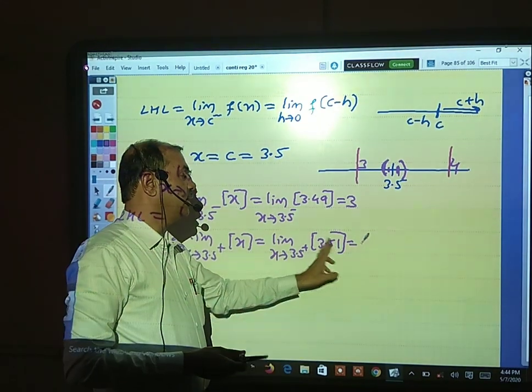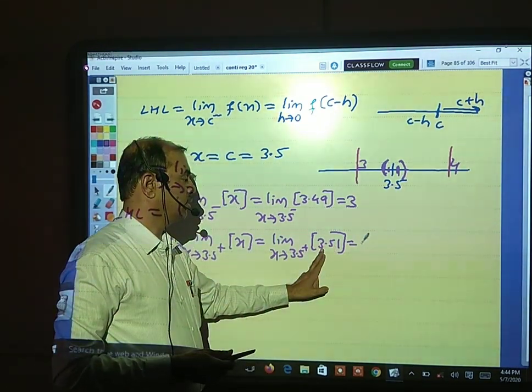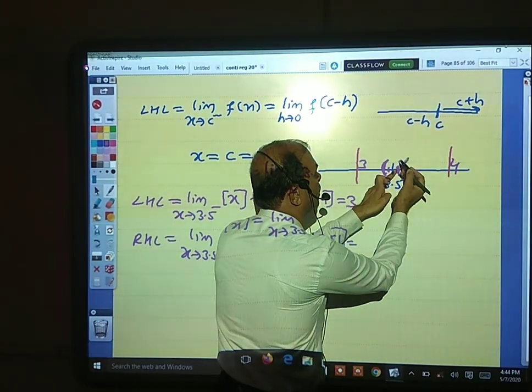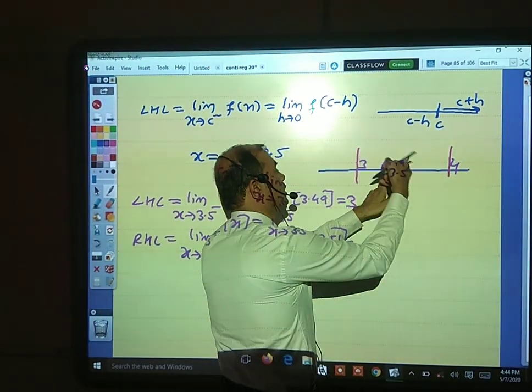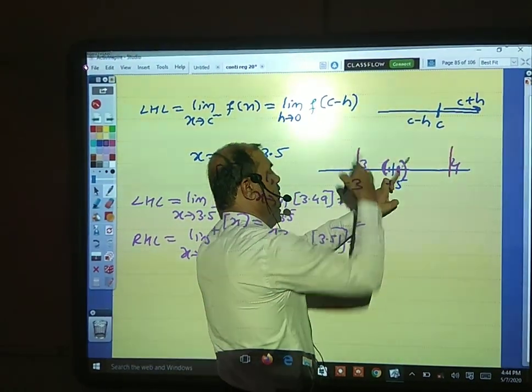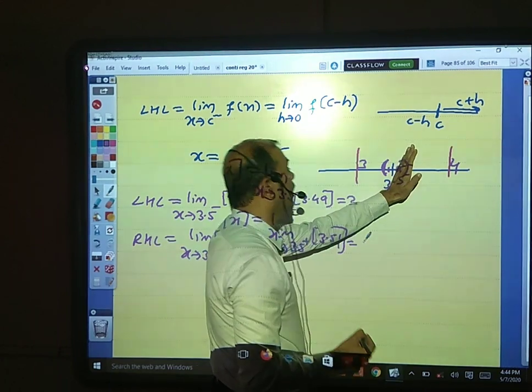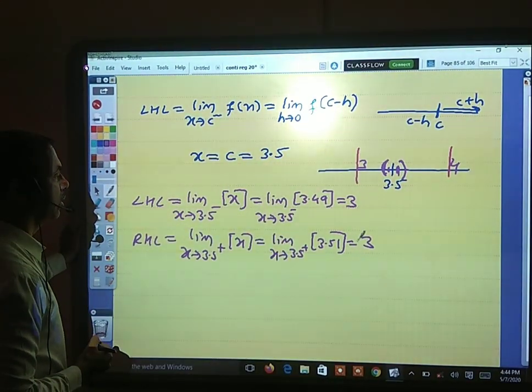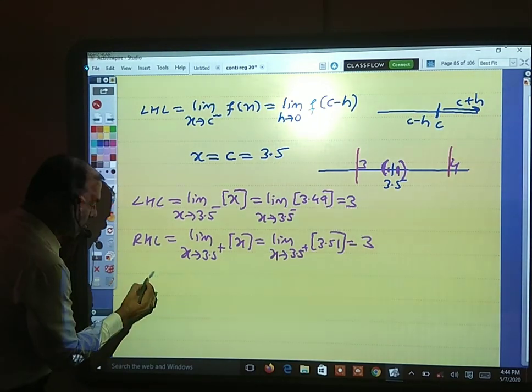What is the greatest integer less than or equal to 3.51? The integer less than this, what should come? 3 should come.